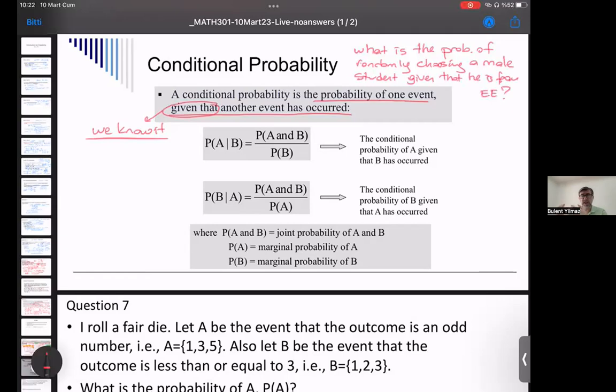What is given? What is the thing that I know? It is from EE, electrical engineering. What is the thing that I'm after? The chosen person being male.